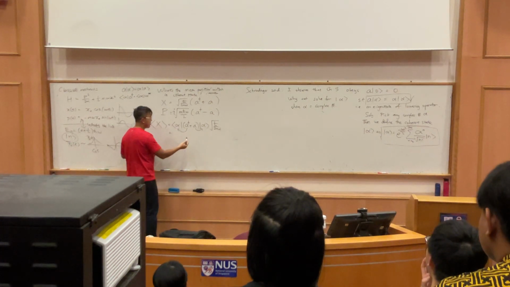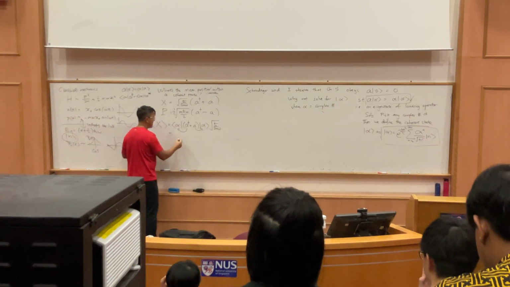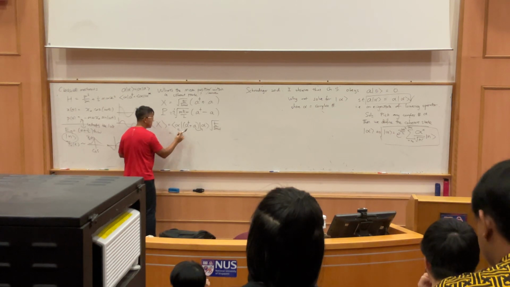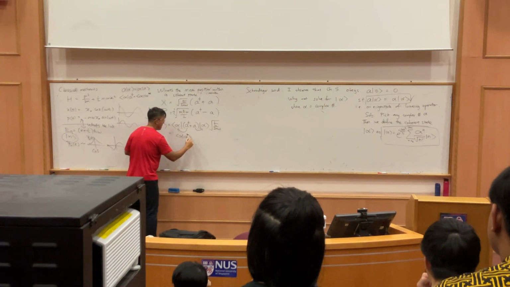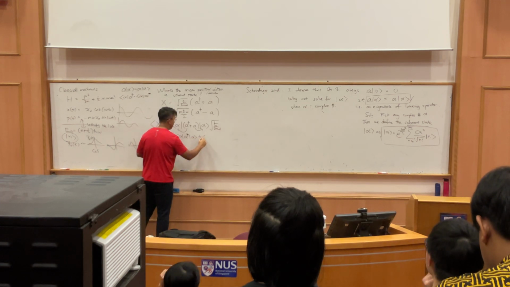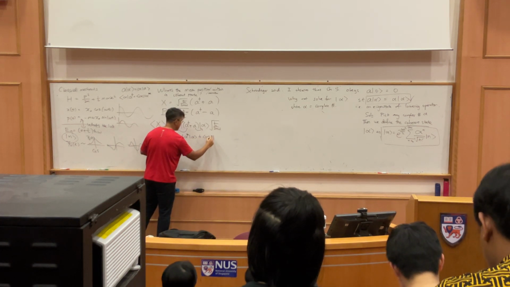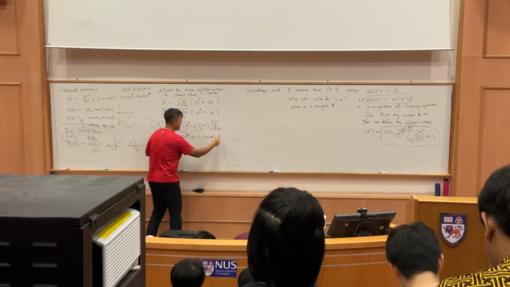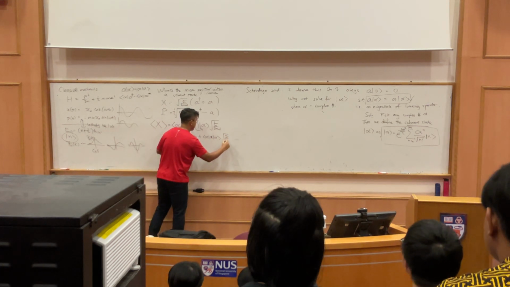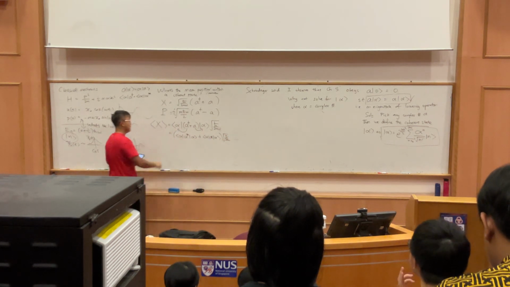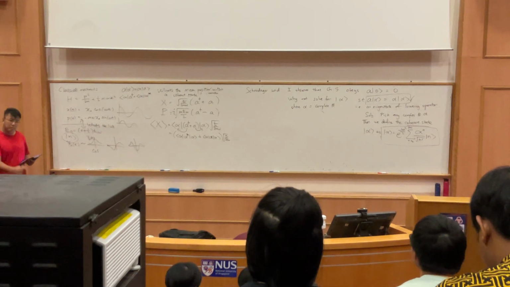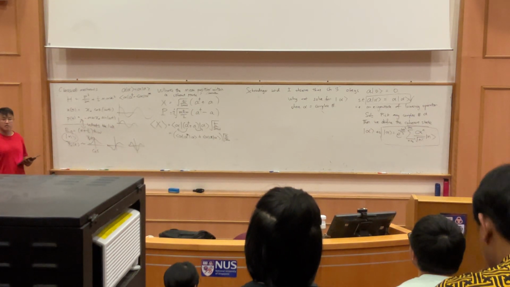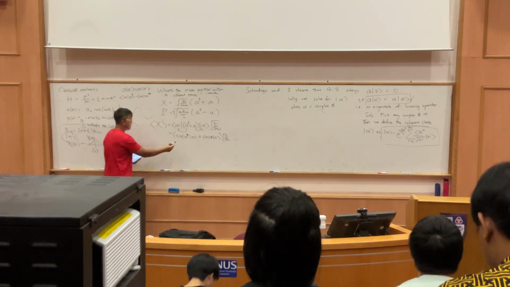Okay, so let's work it out carefully. The first term gives me alpha star, the second term gives me alpha. But now the alphas inside the bracket are all numbers, so they can be pulled out.